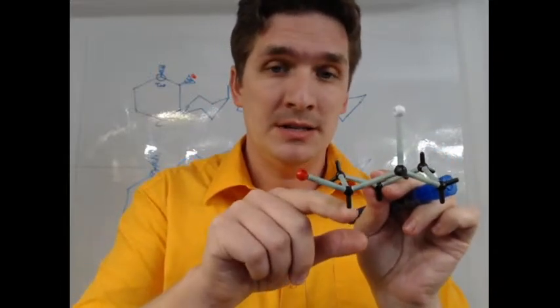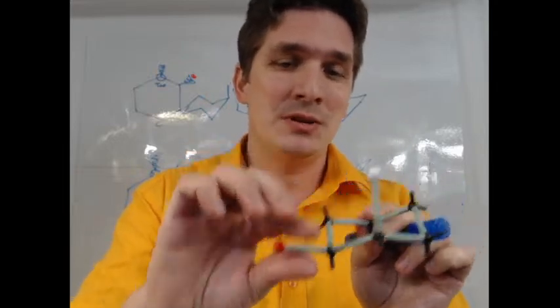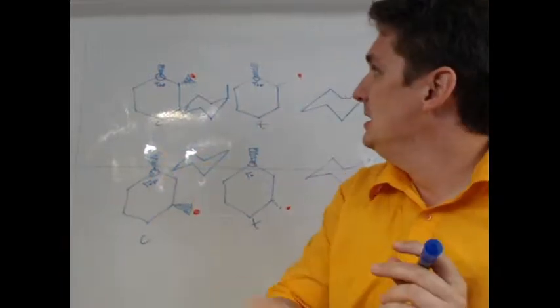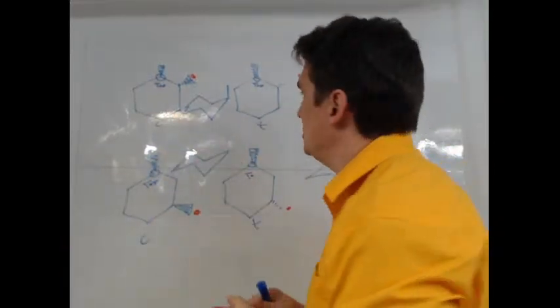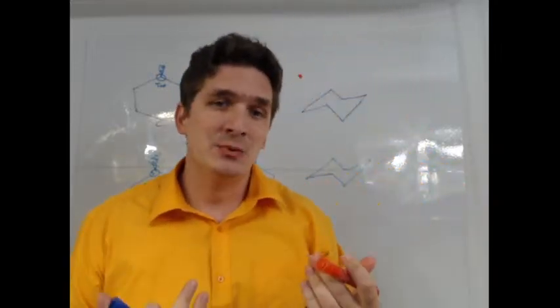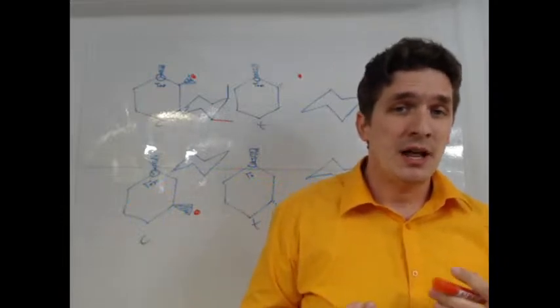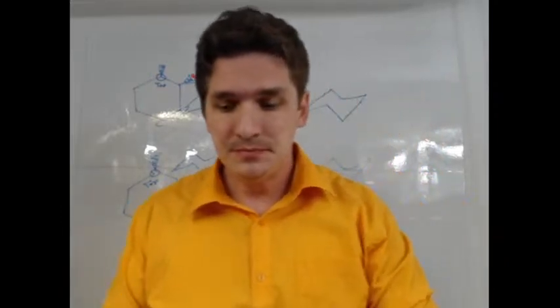The next carbon is down, and the equatorial goes out to the side. So this tells me that if they're cis in the 1,2 position, one's going to be axial, one's going to be equatorial. And because of ring flipping, where axial and equatorial flip all at the same time, we're just going to have one axial, one equatorial.